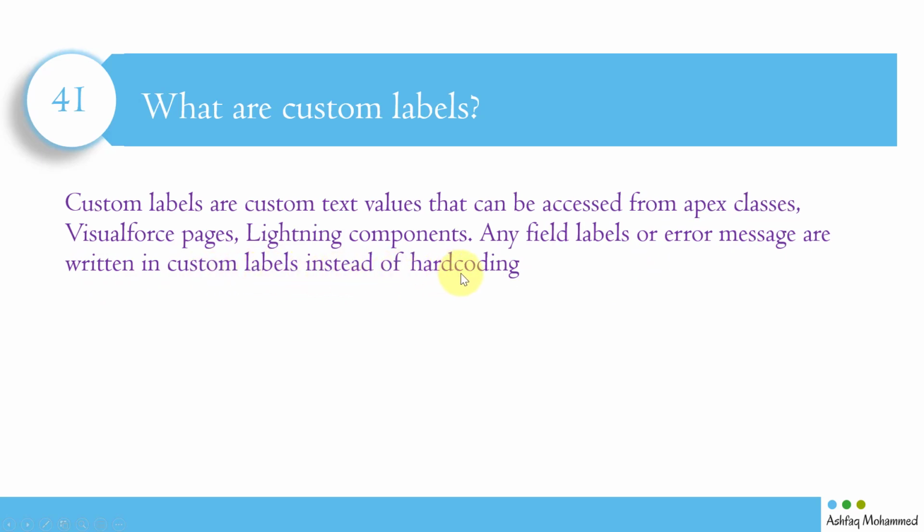Basically, companies used to follow best practices. It is a best practice not to hard code anything in Visualforce pages or Apex classes. Instead, write it in custom labels and use those custom labels in the Visualforce page or Apex classes. Okay, this is one advantage of it, right?